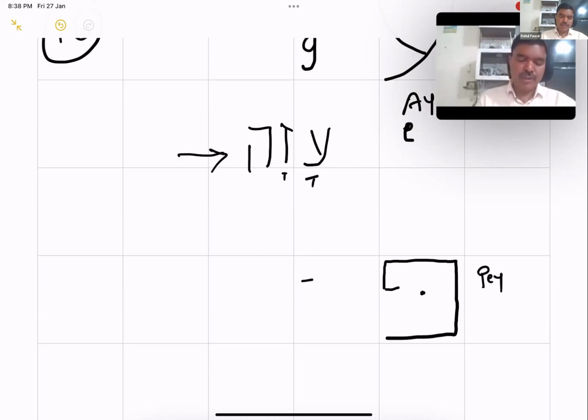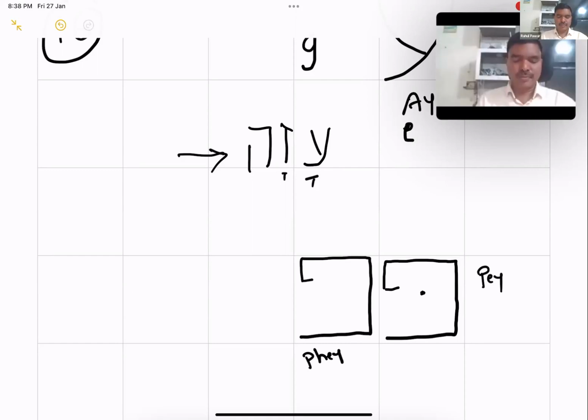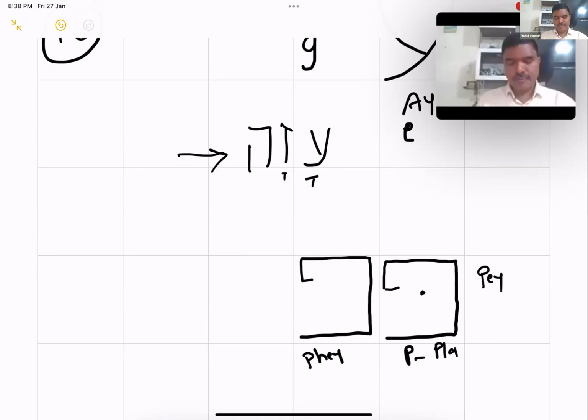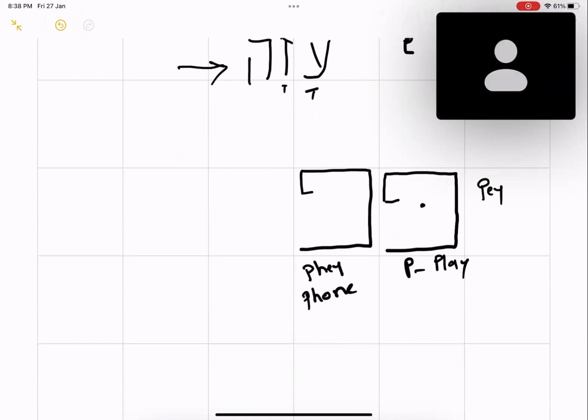But if there is no dot, then it is Fe. It gives a clear P sound in play, and it gives a clear PH sound in phone or F sound in put.